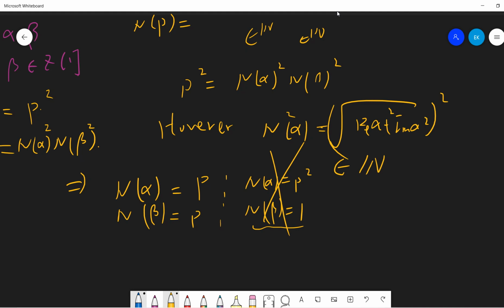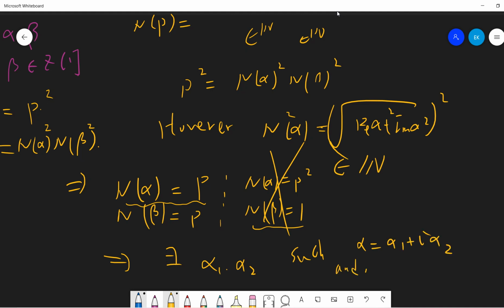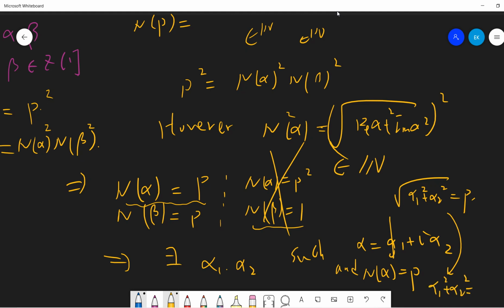Okay, since we know that p must have a non-trivial factorization, the only possibility is that n of alpha equals p. So there exist alpha 1 and alpha 2 such that alpha equals alpha 1 plus i alpha 2, and n of alpha equals p, which tells you that alpha 1 squared plus alpha 2 squared equals p.